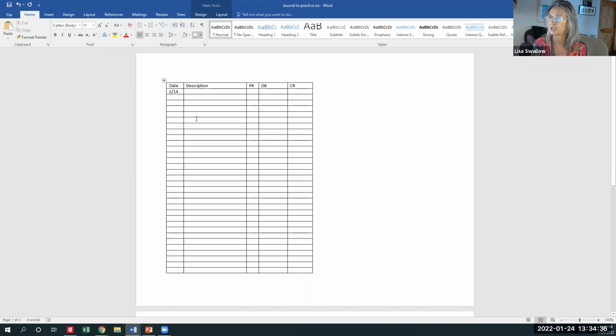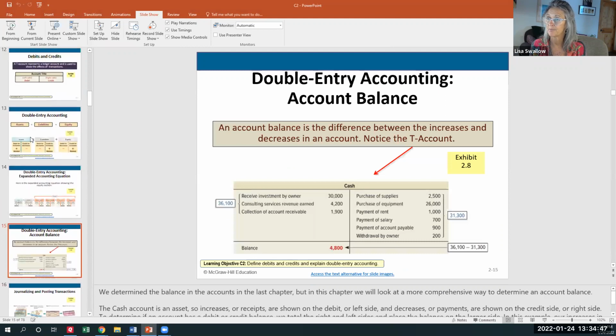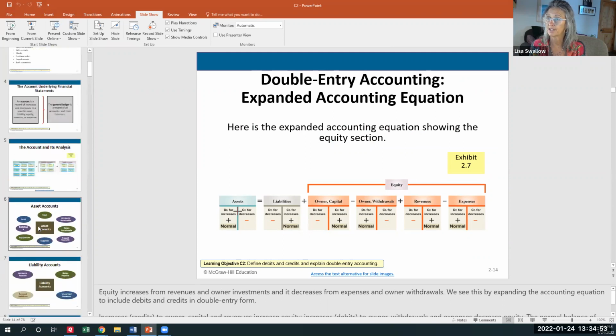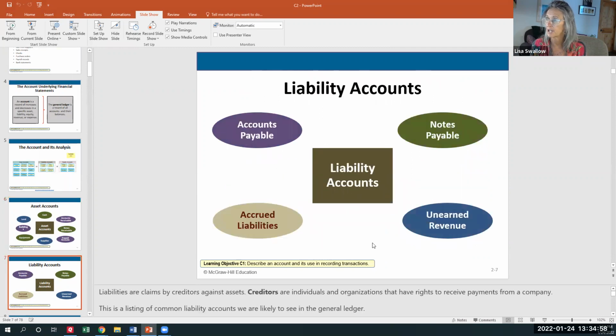Oh my goodness, what do I do? What am I going to debit and what am I going to credit and what are the titles of the accounts? So let's go. You would have in your business a chart of accounts. And it would tell you all of the different names of your asset accounts, names of your liability accounts.